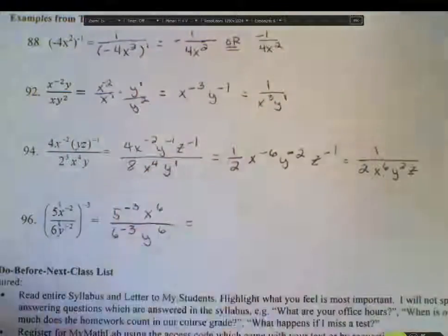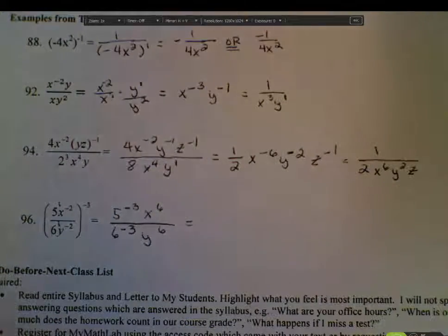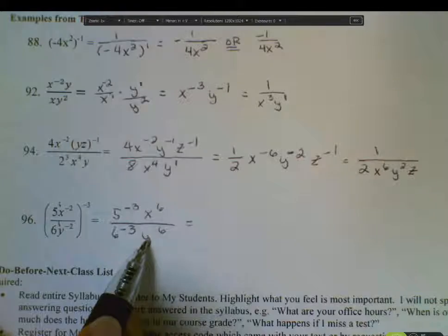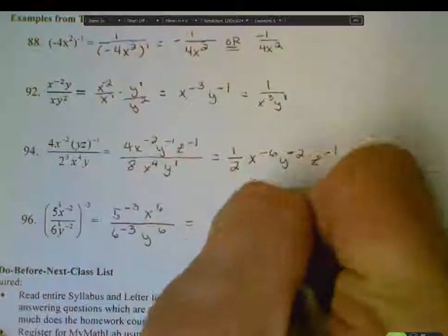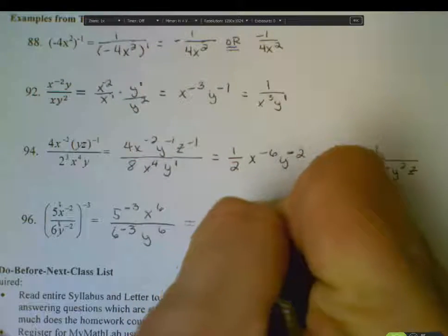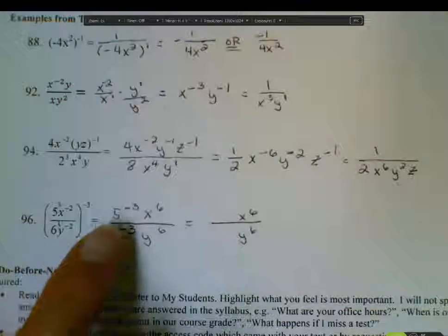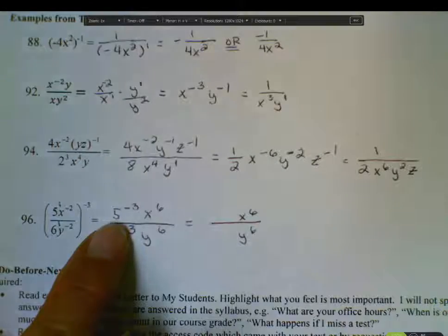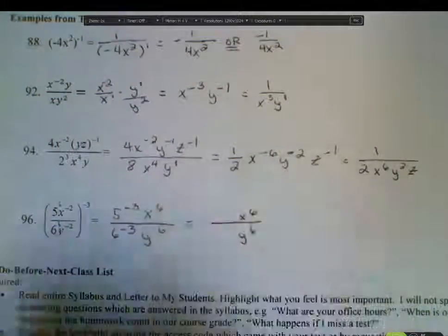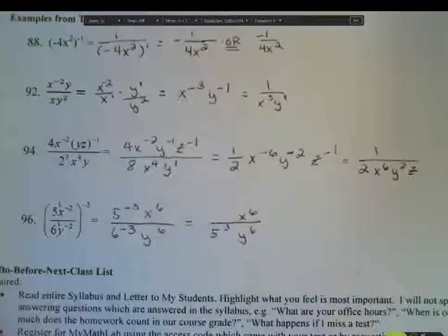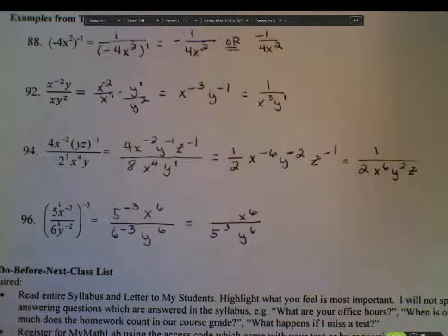In your last step, you only want to take the reciprocal of those factors that have negative exponents. The 5 and the 6 have negative exponents. The x and the y don't have negative exponents. So the x is going to stay in the numerator, the y is going to stay in the denominator. But when you take the reciprocal of 5 cubed, or 5, when you take the reciprocal of 5, the 5 goes to the denominator, and that makes the exponent positive.